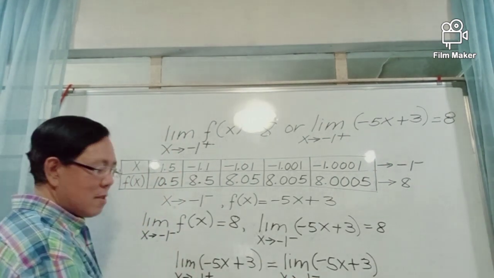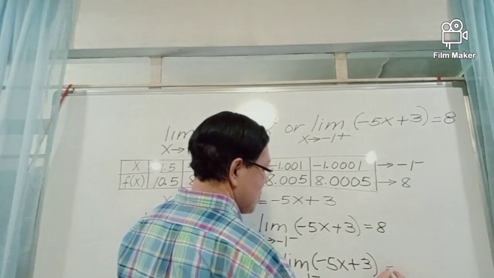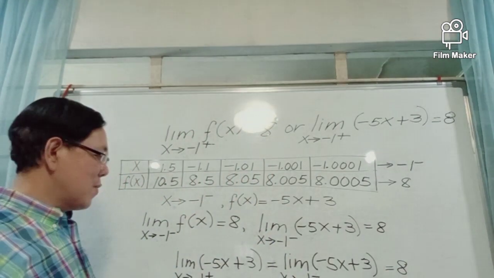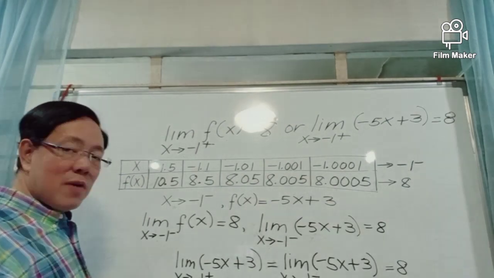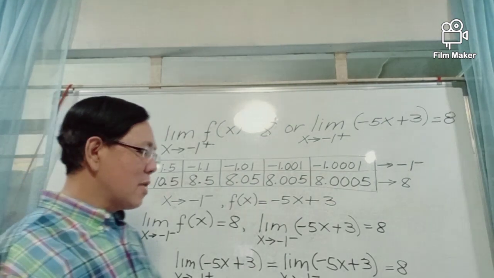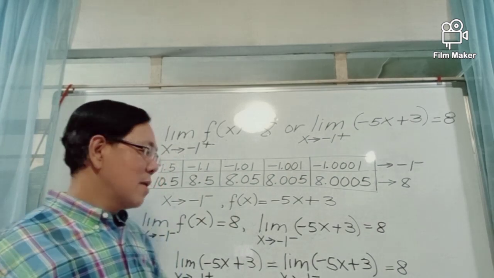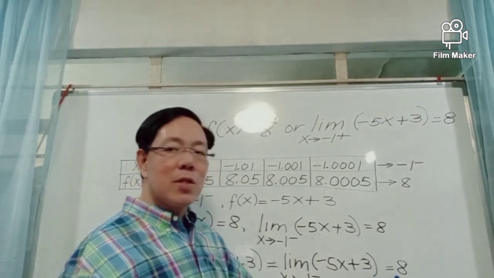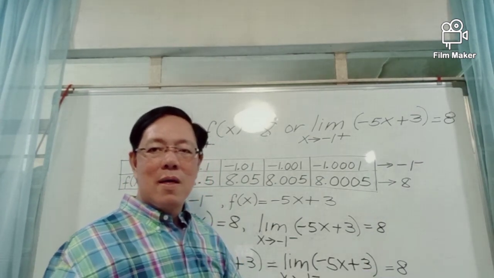Both of these limits are equal to the same number, positive 8, which means that the right-hand limit is equal to the left-hand limit, and the right-hand limit and the left-hand limit are both equal to positive 8.